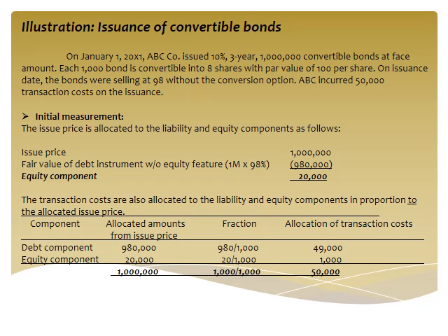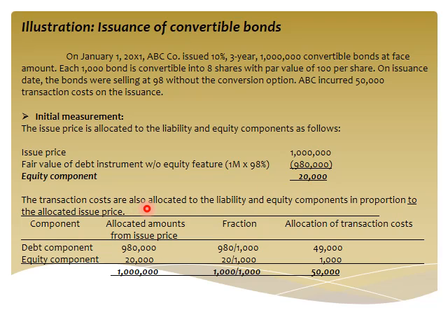So, 1 million times 0.98, yung fair value ng liability without the equity component is 980,000. Therefore, yung equity component natin is 20,000. Equity component, the allocated amount para sa equity is 20,000.